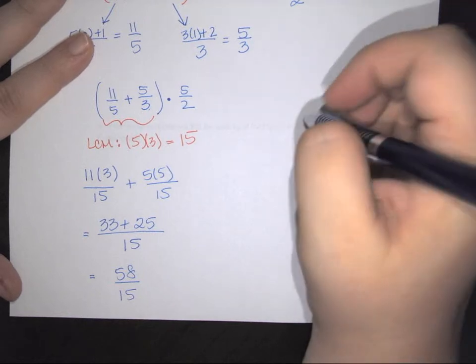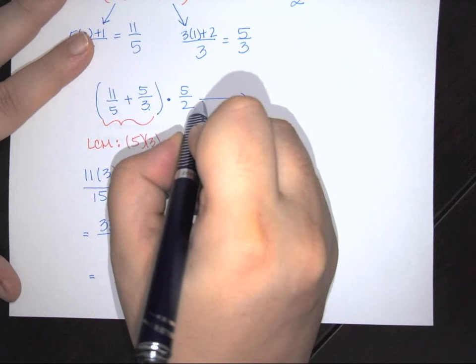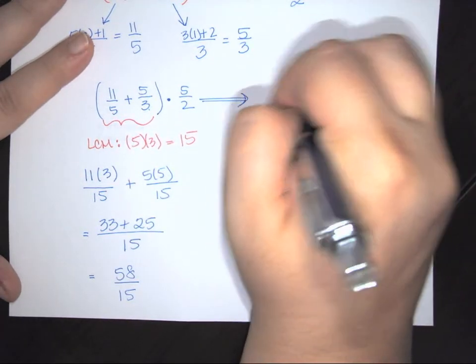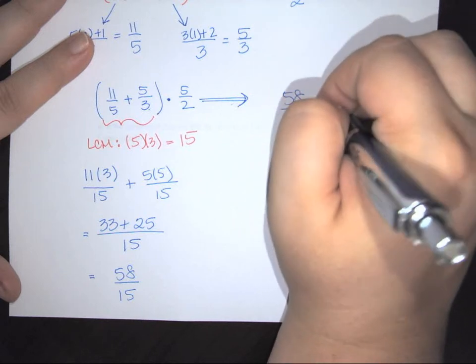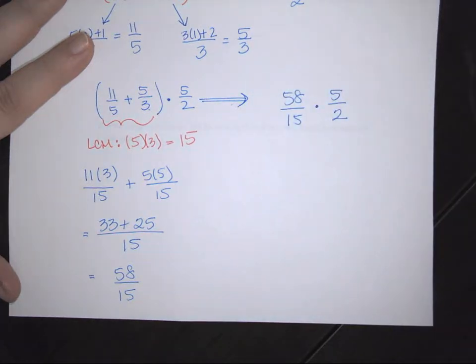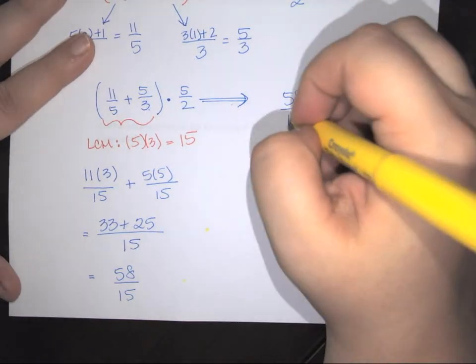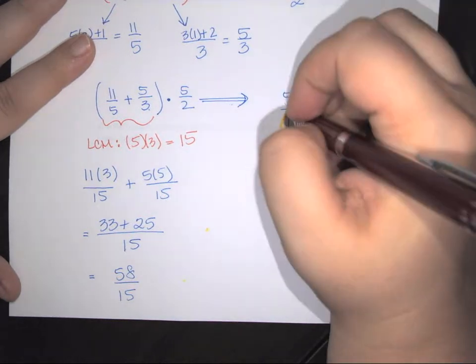In doing so, 33 plus 25 is going to give me 58/15. So I can rewrite my problem. My problem here is going to become 58/15 times 5/2. Well, the first thing that you should be able to notice right off the bat is that 5 and 15 will reduce down.